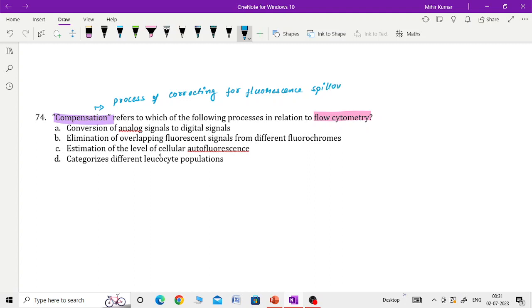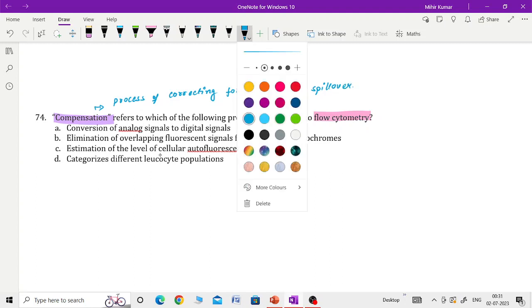Fluorescence spillover correction is called compensation.